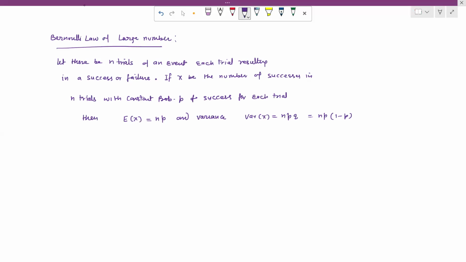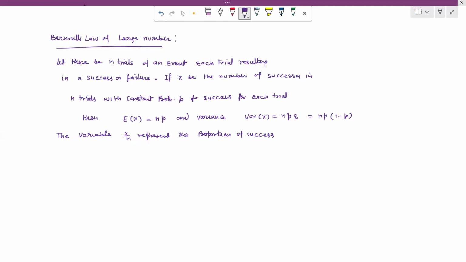Now we write the variable X upon n, which represents the proportion of success.